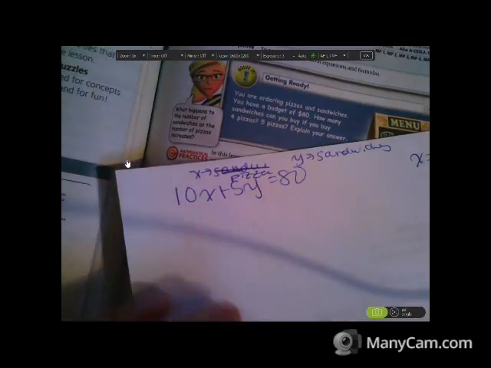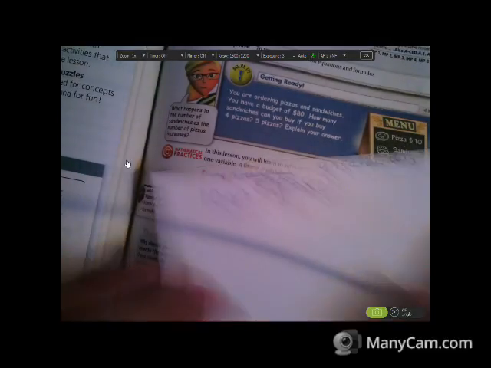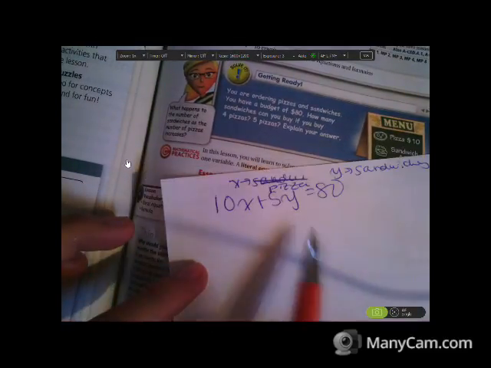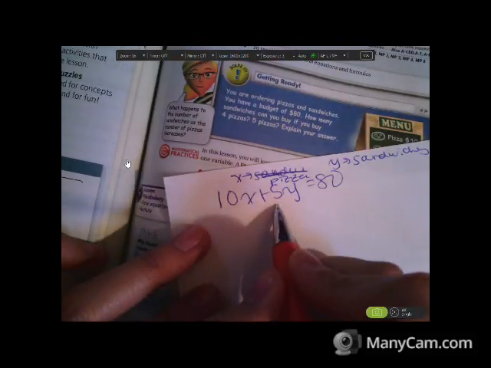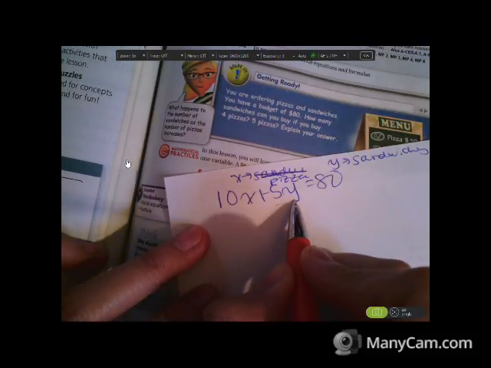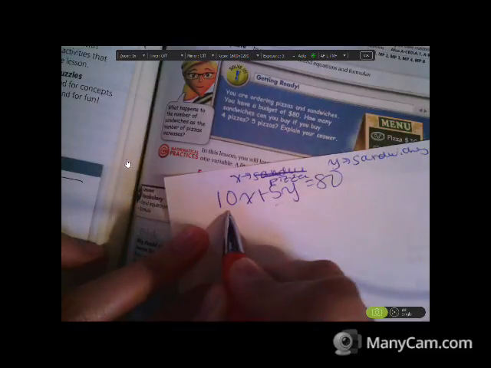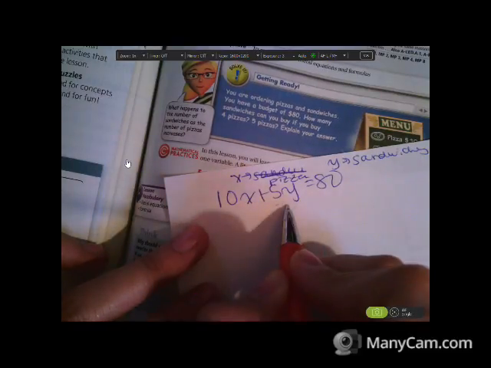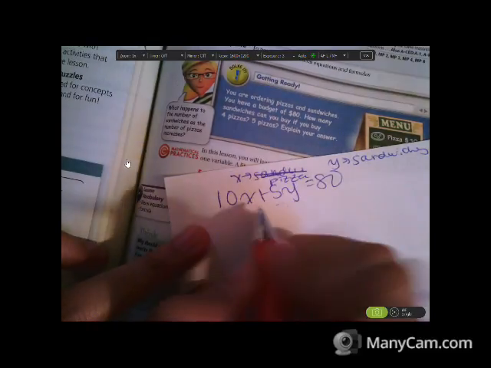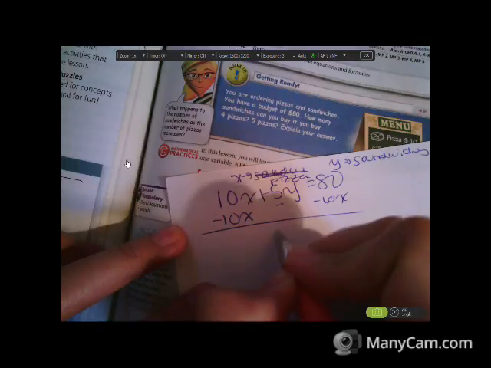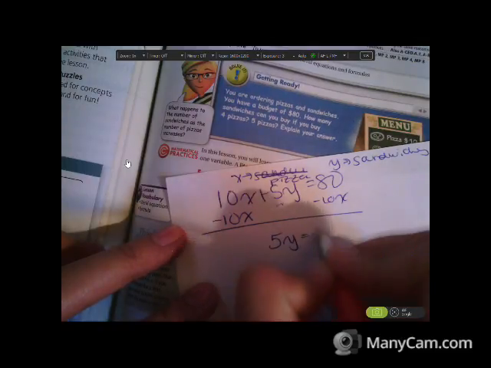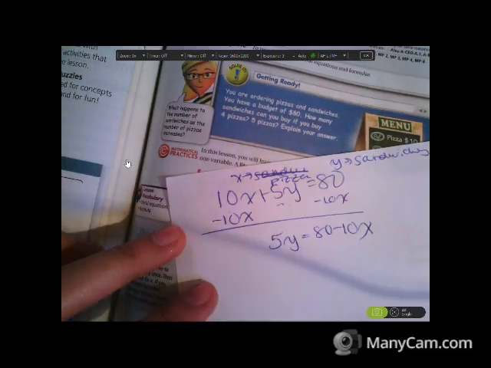So, to find out how many sandwiches I can buy, I'm going to solve for y. This is how I'm going to do it. I'm going to treat 10x like a constant because I'm solving for y. So therefore, I'm going to get 5y by itself. I'm going to subtract 10x on both sides. And that leaves me with 5y equals 80 minus 10x.